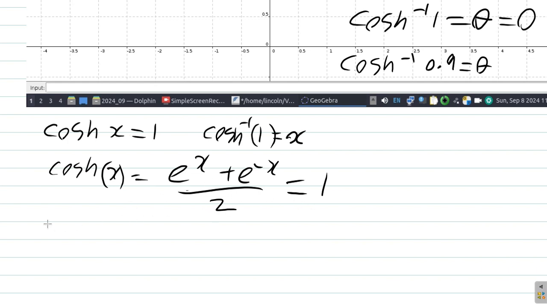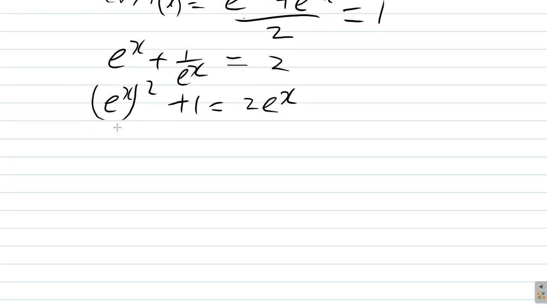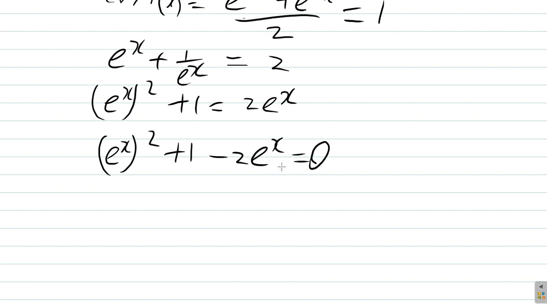If we multiply both sides by 2, we say e to the x plus 1 over e to the x, which is the same as e to the negative x, is equal to 2. Now if we multiply both sides by e to the x, we have e to the x squared plus 1 is equal to 2e to the x. So now we have e to the x squared plus 1 minus 2e to the x is equal to 0.